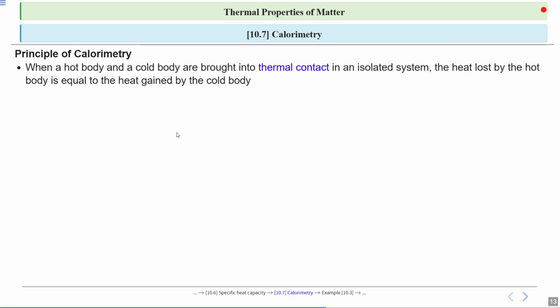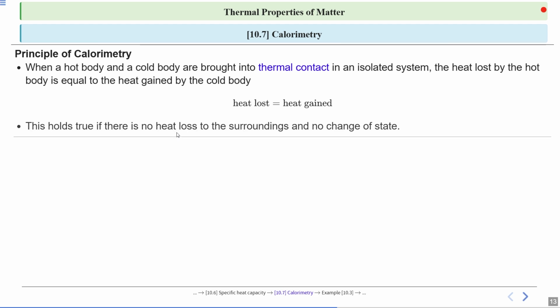It means the amount of heat lost by the hot body is equal to the amount of heat gained by the cold body. This is the principle of calorimetry. The condition is that they are brought into thermal contact in an isolated system. All right. So we can say heat lost is equal to heat gained. This holds true if there is no heat loss to the surroundings and no change of state.